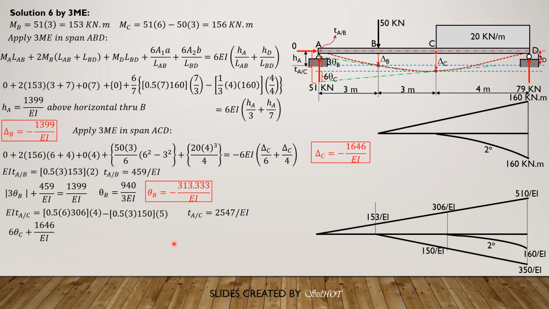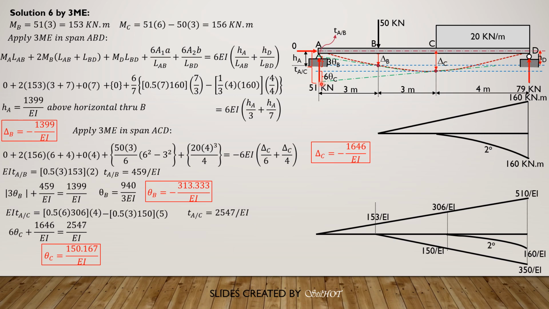So the deviation of A relative to C is 2547 over EI, which is positive because A is above the reference tangent. And secondly, 2547 over EI is greater than delta C in magnitude. So that's why this figure is correct, because the deviation of A relative to C is longer than the absolute value of delta C. Because the tangent at C is inclined upward, theta C is positive.